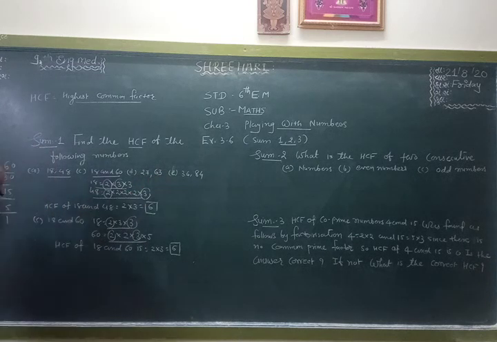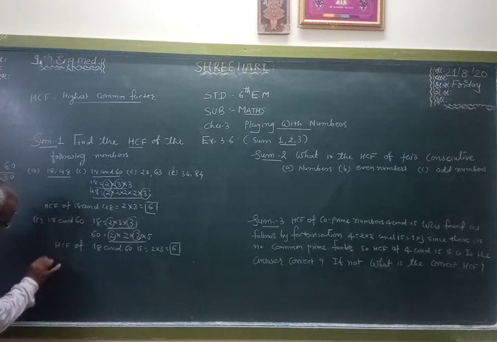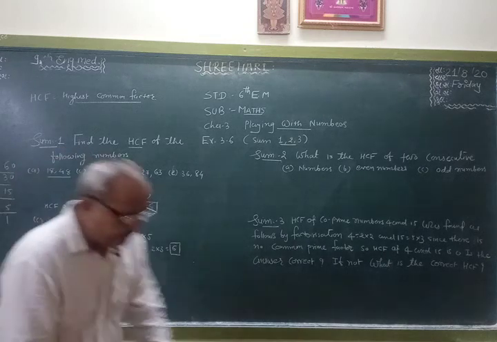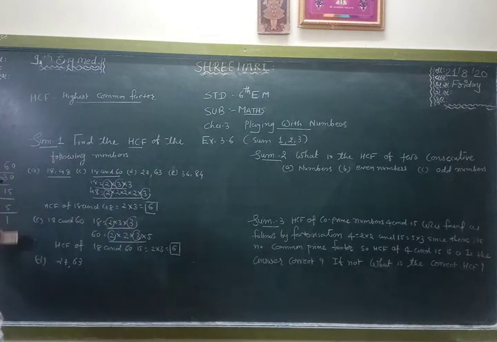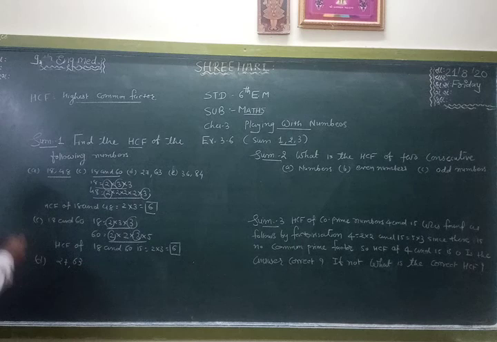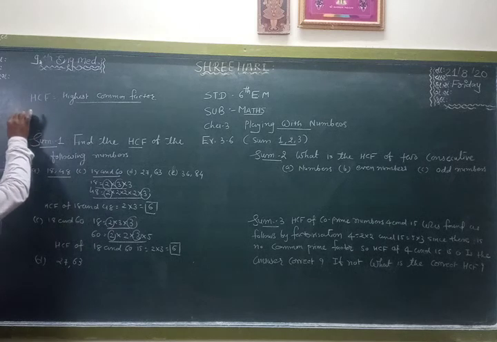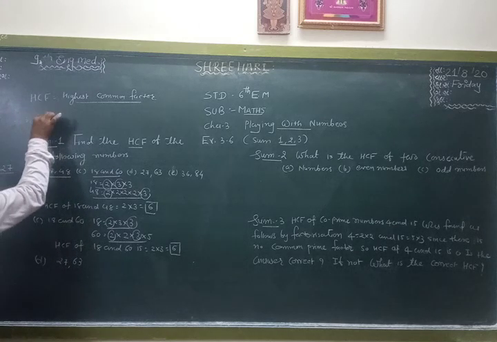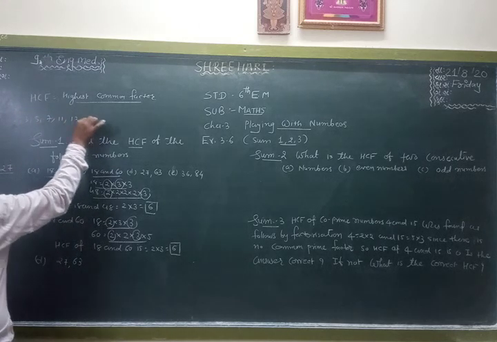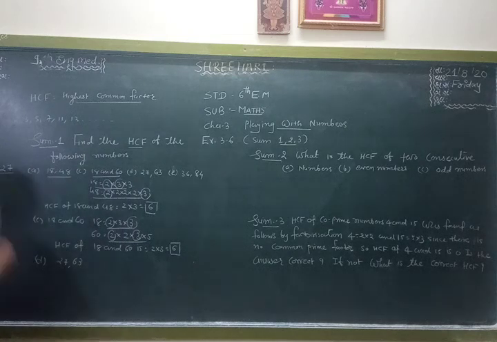Now, 27 and 63, the next numbers. So we do the prime factorization of 27 and 63. 27, we can't divide it by 2. You know the prime numbers: 2, 3, 5, 7, 11, 13, between 1 to 15.